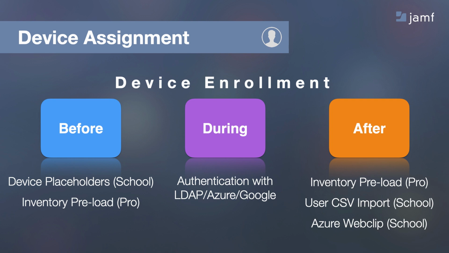In School, you can do a straightforward CSV import that associates a device to a user. We also have a cool little feature in School that's an Azure web clip. So after that device has been set up, if that device is not associated to a user, that web clip appears, prompts the user to authenticate with their Azure AD credentials, and then associates that user to the device.